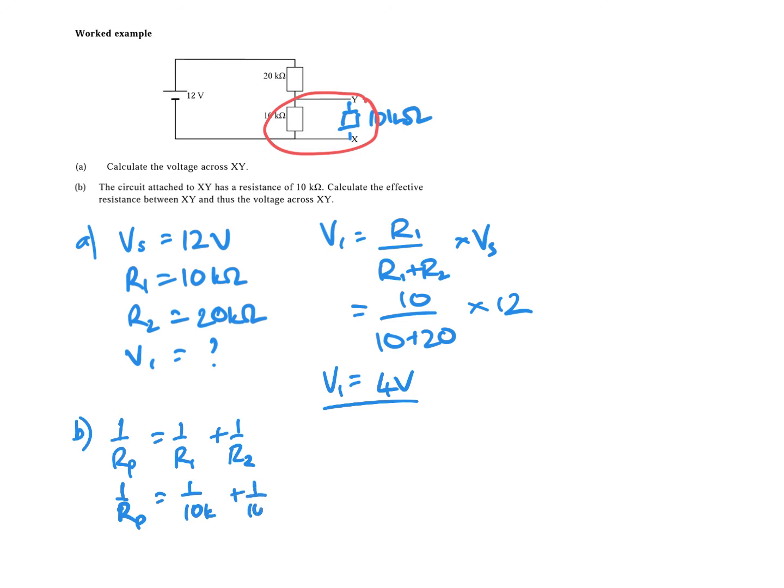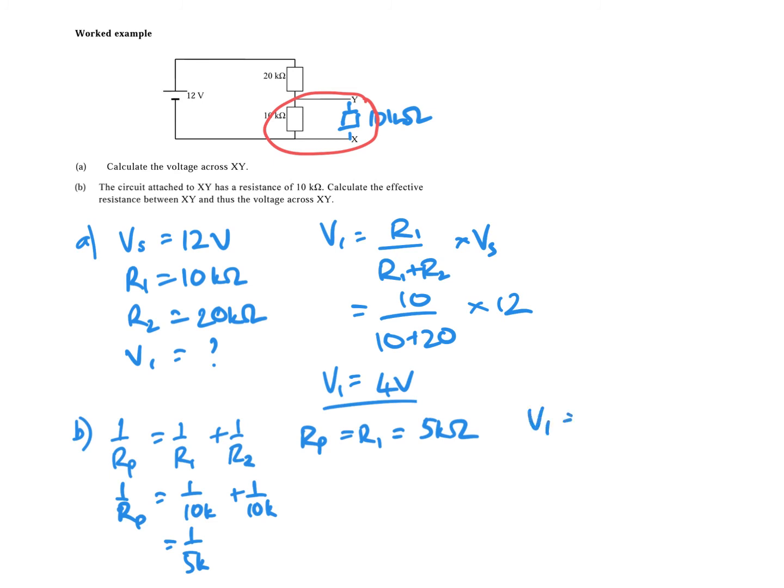And once again, if I work in k's for all of my answers here, then I get the Rp, which is our new value of R1, is 5 kilo ohms. Other than that, it's the same as it was before.